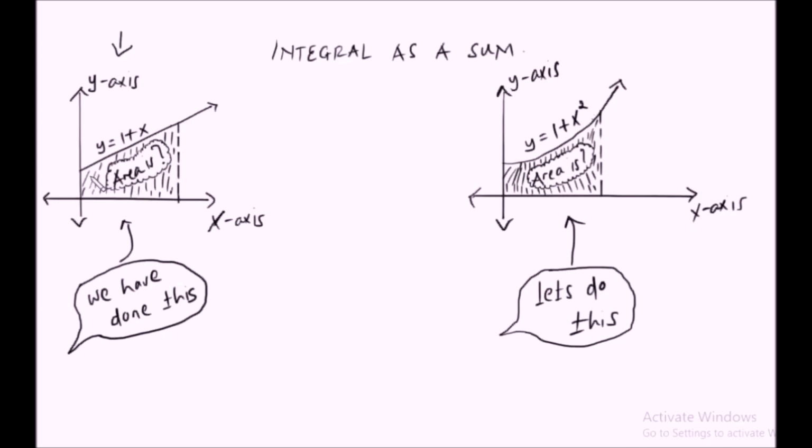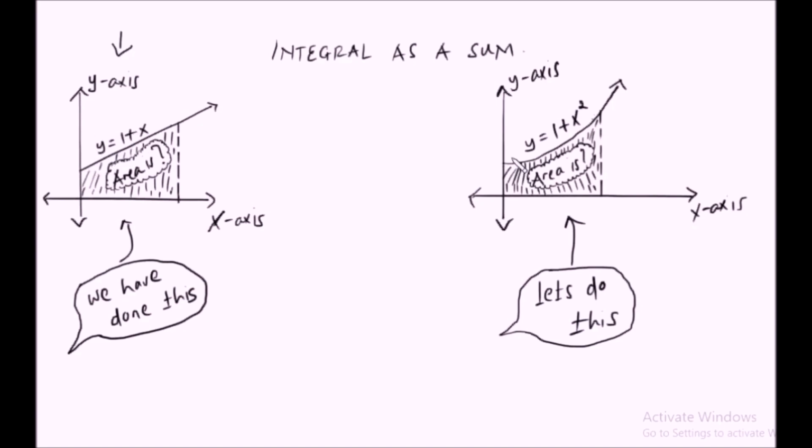Kwa hiyo kugundua hii area of a trapezium, you can see this shaded region is a trapezium. It's just the limit of the sum of the areas ya hizo rectangles equal width ambazo divide ndani. So we did that, okay? We observed that. But this was a graph of a straight line.